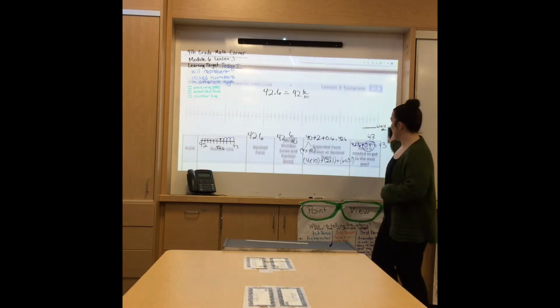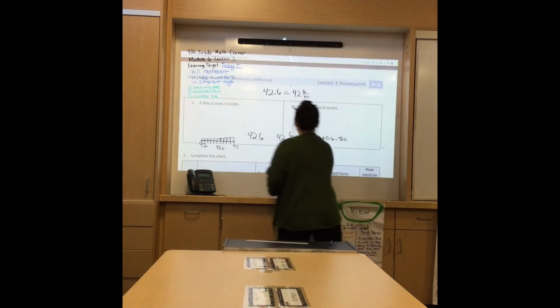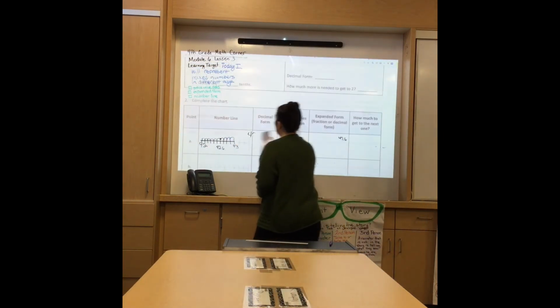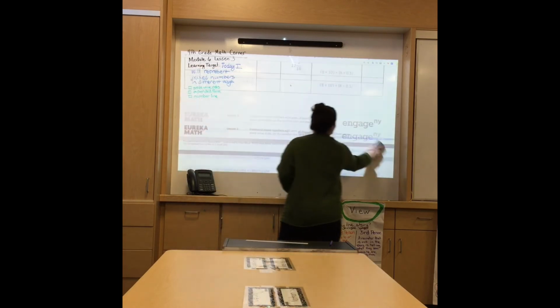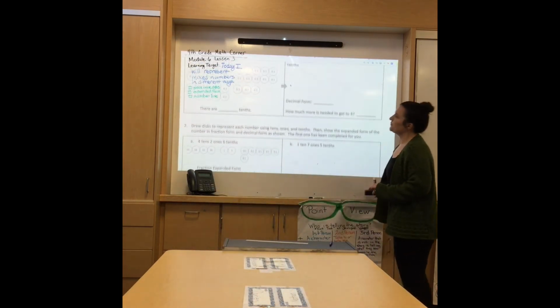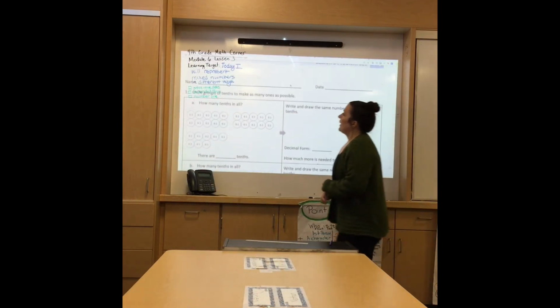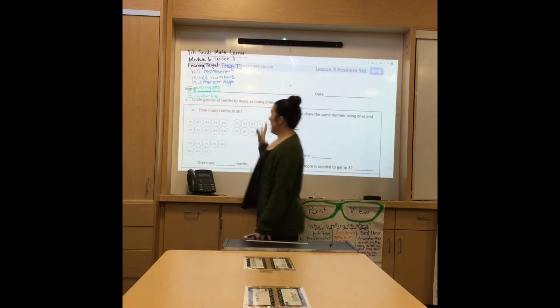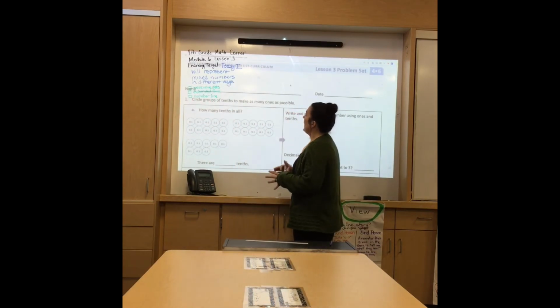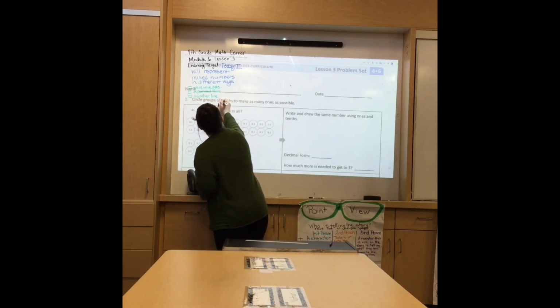I'm going to erase it real fast. There's a little bit more on your homework, and we wanted to make sure that we showed this to you. Okay, it says circle groups of tenths to make as many ones as possible. So our groupings of tenths are going to be 10 of 0 and 1/10.